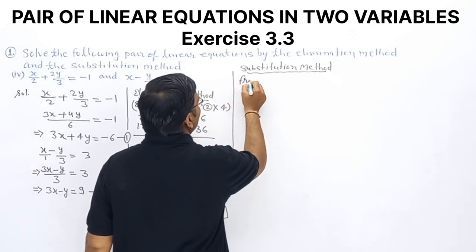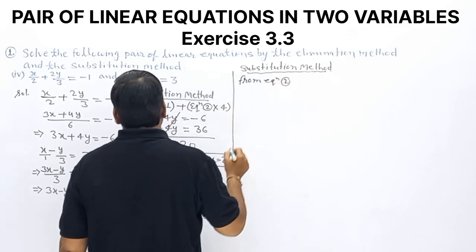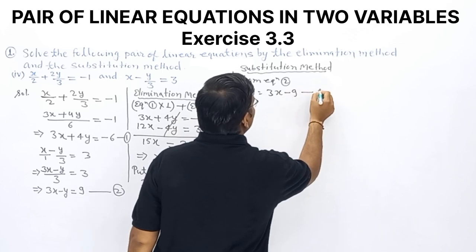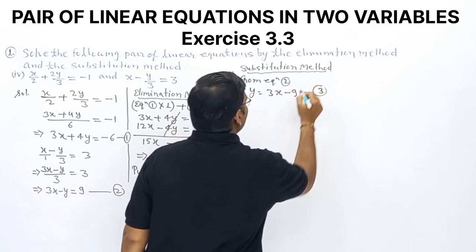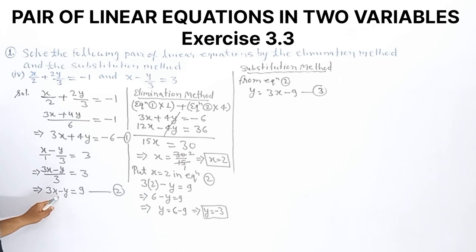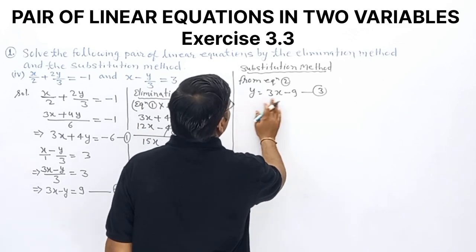From equation 2, y will be 3x minus 9, and I am putting this as equation number 3. Observe carefully. I am taking equation number 2 and solving for y. So I am transposing this towards the right and this towards the left. Then we are getting y equal to 3x minus 9.